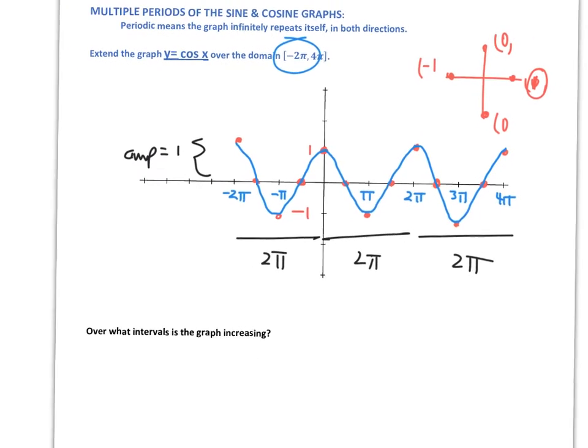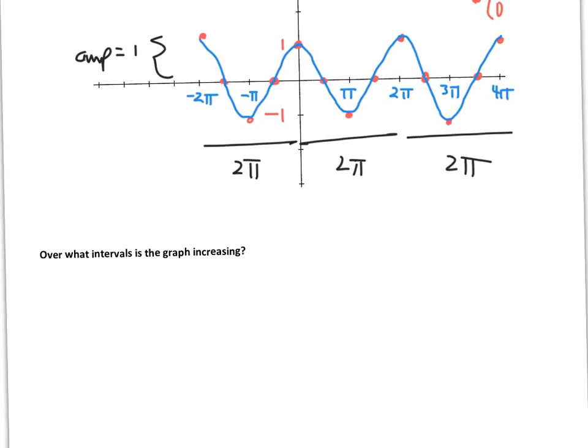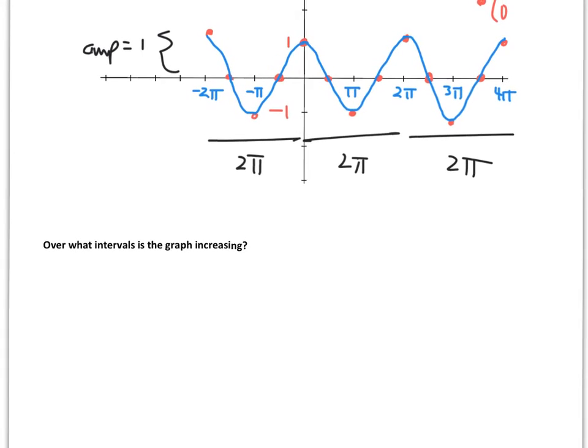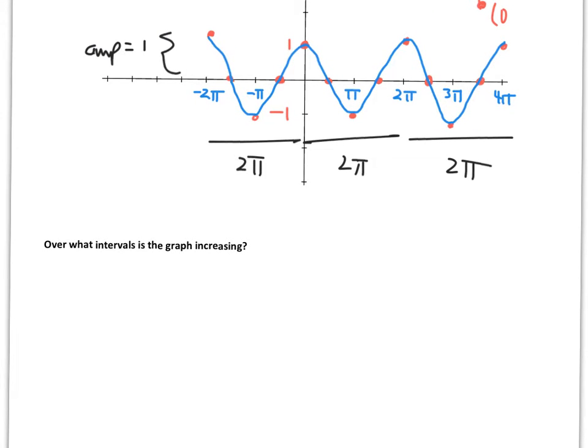All right, so last thing to think about is based upon the graph that we have here, give me a situation in which our cosine curve is increasing. Give me an interval value. From what to what? From pi to 2 pi, okay? So when it is greater than pi and less than 2 pi. When else is it increasing?